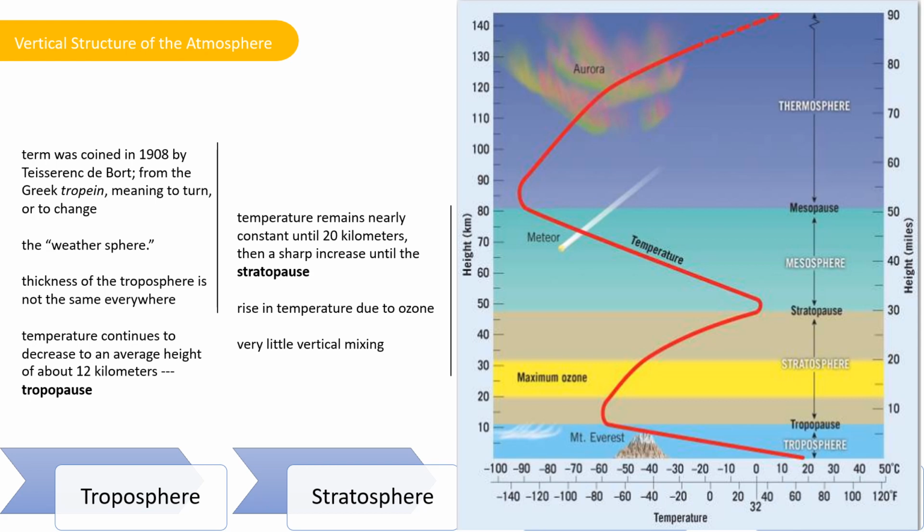This is because the stratosphere experiences a temperature inversion, where cold air lies beneath warm air. This is in contrast to the opposite occurrence in the troposphere, and it is because of the ozone layer.